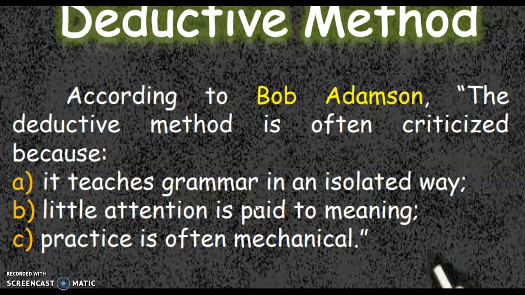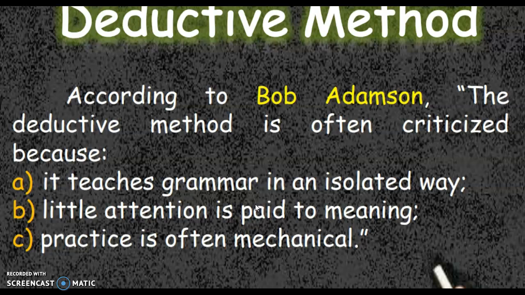In the deductive method, your teacher writes grammar at the center of the blackboard and tries to explain what a noun is. A noun is divided into several parts and so on. It goes on in an isolated way. There will not be any interactive activities.